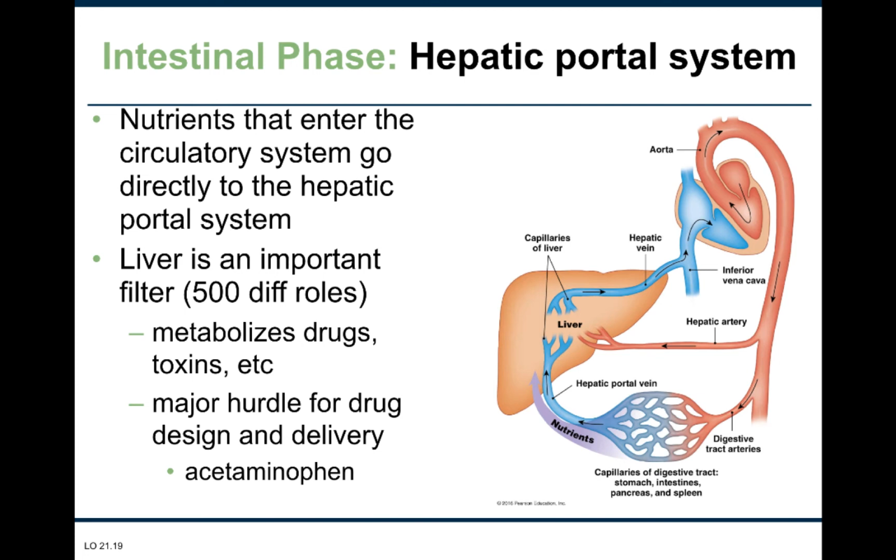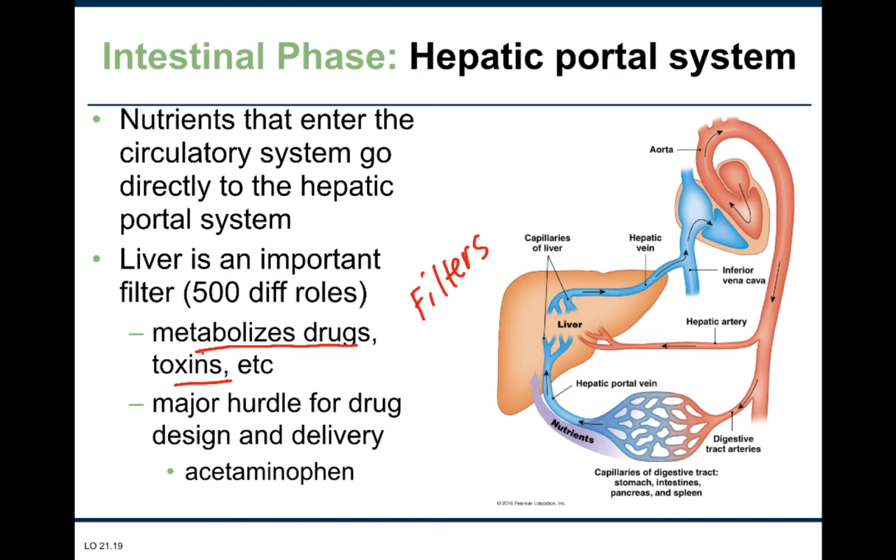And the reason is the liver is really efficient and really good at metabolizing drugs and toxins. You can think of the liver, one of its biggest functions, as a filter. It filters the food that you take in to try to reduce your exposure to harmful substances.